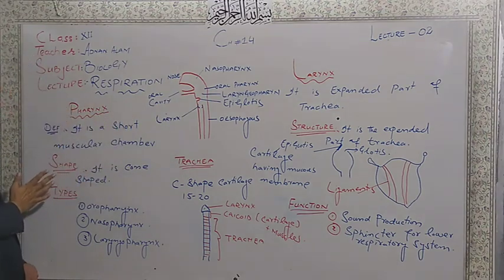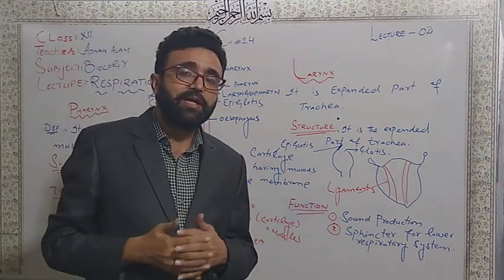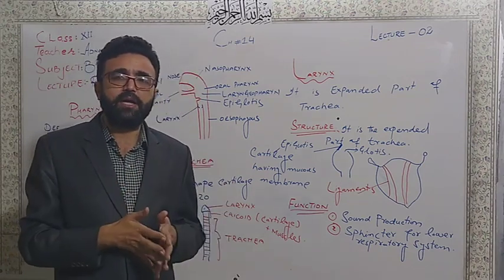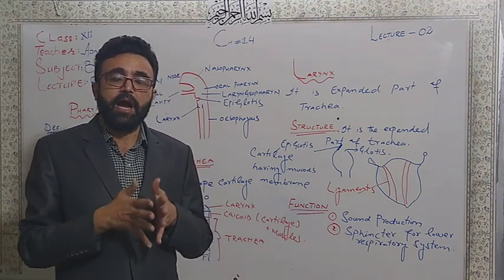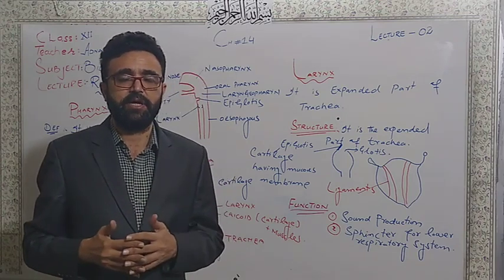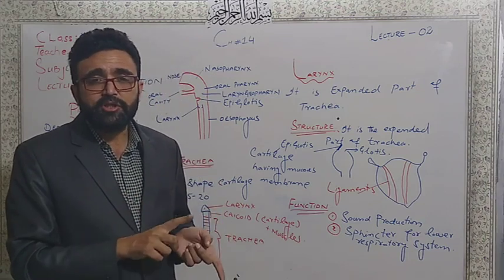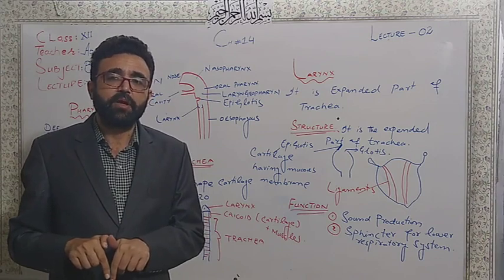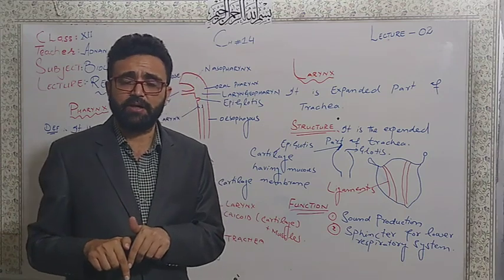Now the question arises here, what is the probable function of the pharynx? In the digestive system, its function was to connect the oral cavity with the esophagus, which is also called the food pipe. And in the respiratory system, its function is to connect the nasal cavities with the larynx or the glottis, which is the next respiratory part.